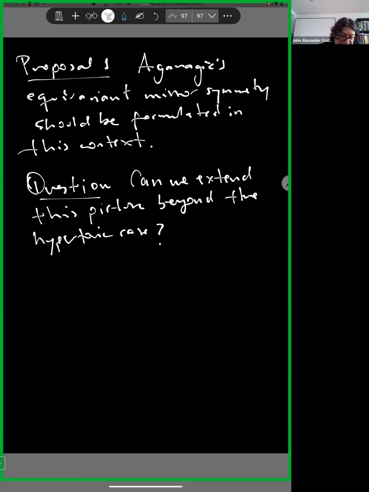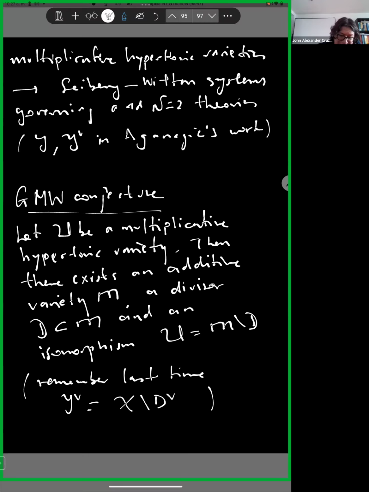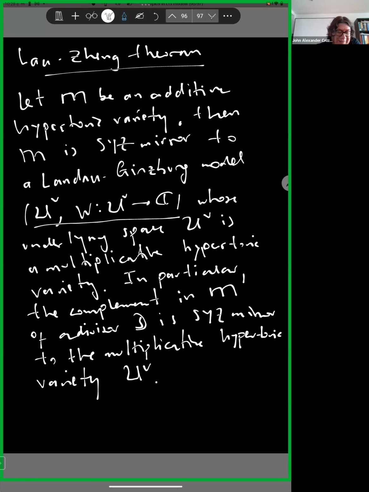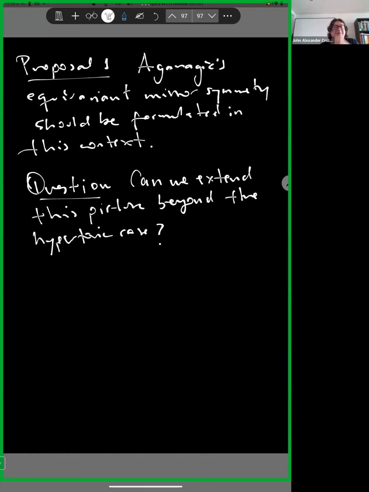By the way, I have to say that Gammage, McBreen, and Webster said that they don't think this conjecture holds beyond the hypertoric situation. But my feeling is that we can get some similar type of conjecture beyond the hypertoric context, and that's what I want to discuss with you.